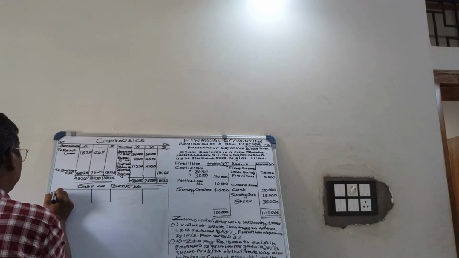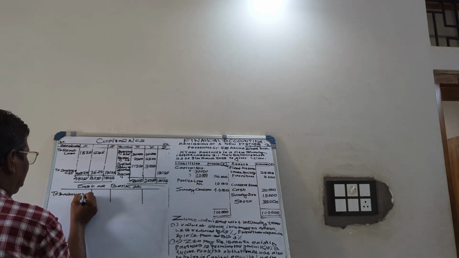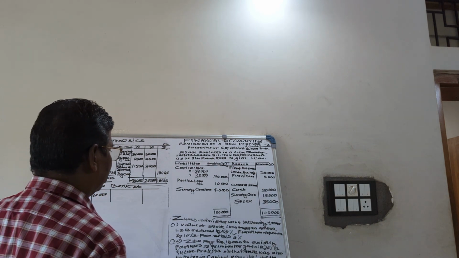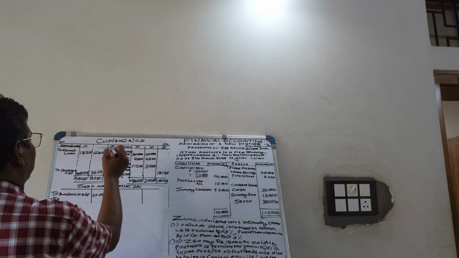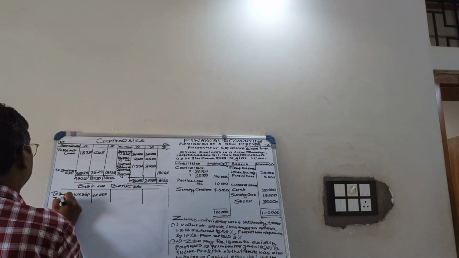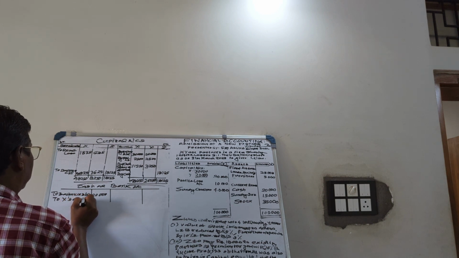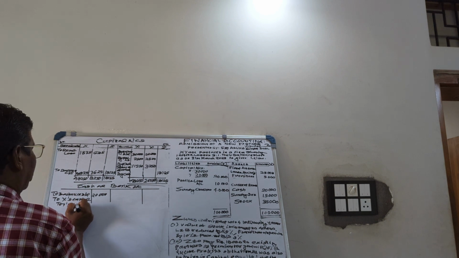So write to balance brought down, that is 20,000. Then he has brought the share of goodwill, cash account debited to X capital account and Y's capital account.